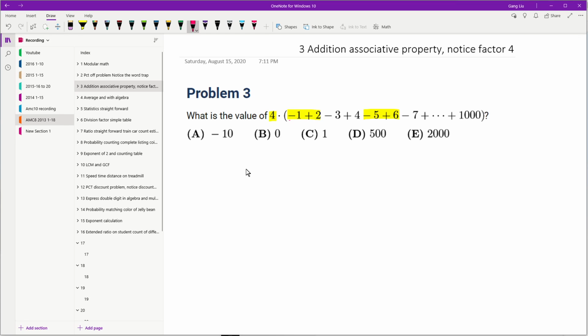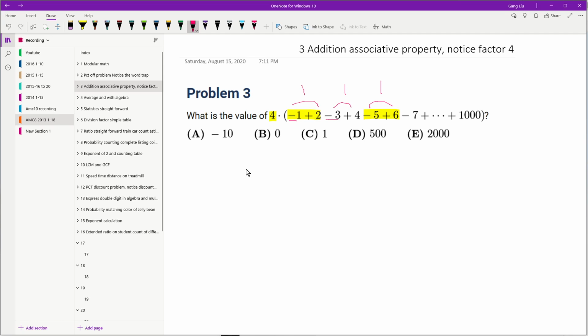We treat all the negative values here as not minus but adding a negative value. So for each pair we will get a 1, and the pattern will repeat all the way until 1000.